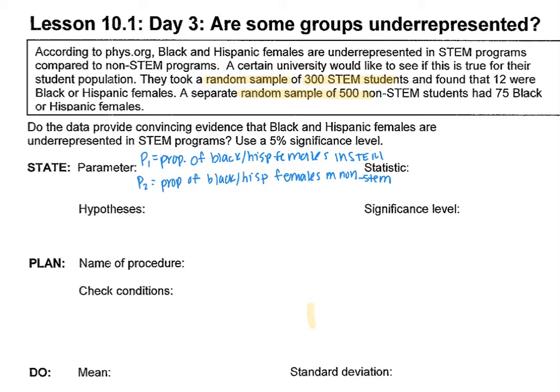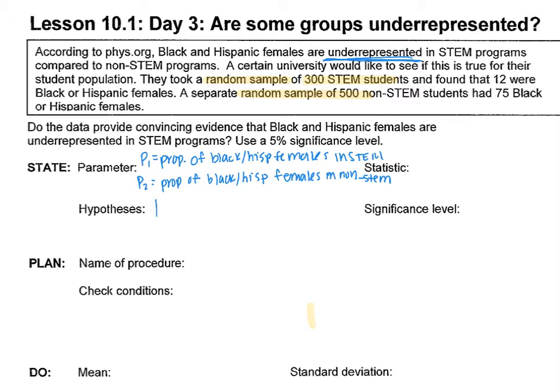The statistic that we care about is the difference in these proportions. We're trying to see if there's a difference, or they're trying to see if they are underrepresented. What they mean by underrepresented here is that there would be fewer STEM females than non-STEM females.